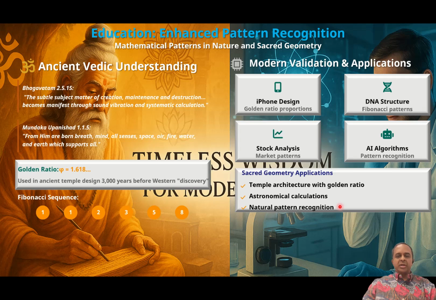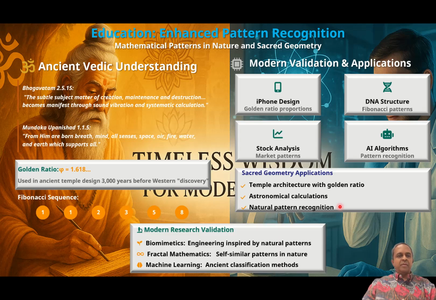Now let's look at the modern research validation. It shows that there aren't any spiritual symbols. They are basically mathematical relationships that modern technology depends on. If you look at biometrics, engineering inspired by natural patterns.